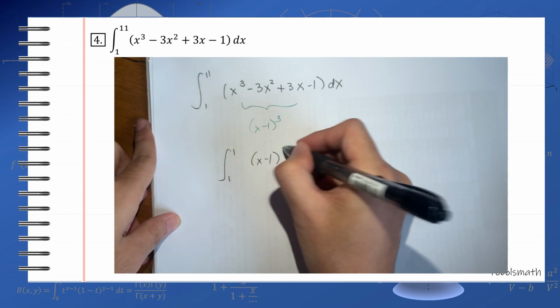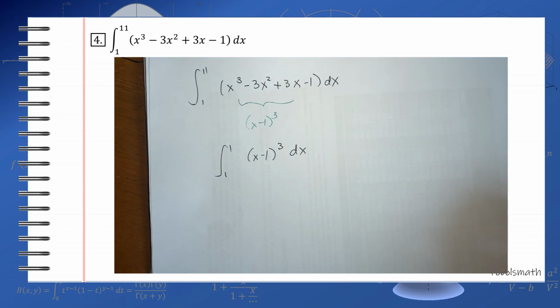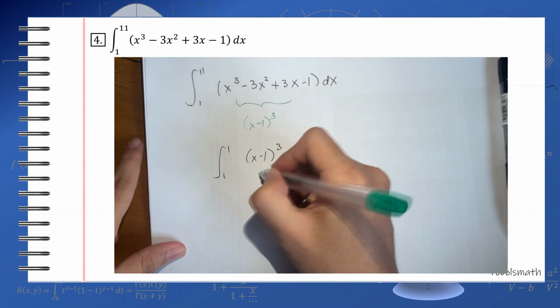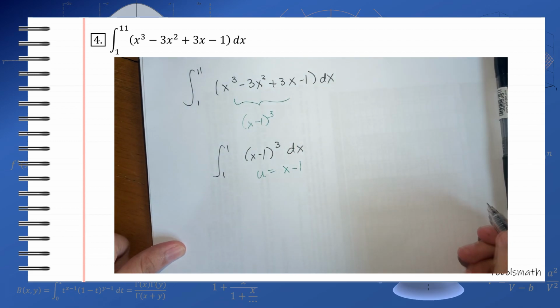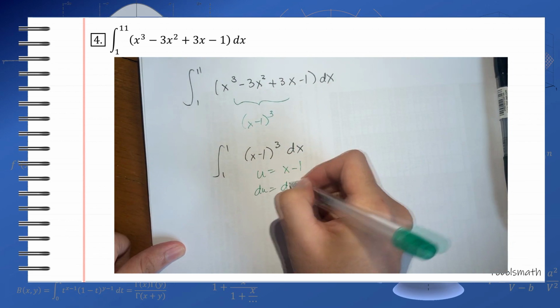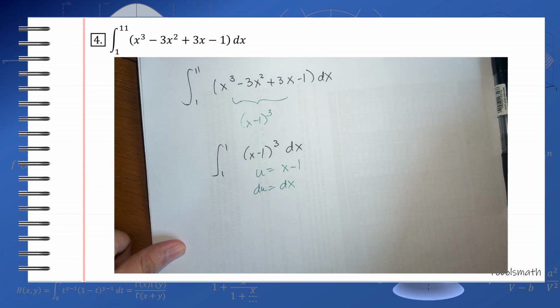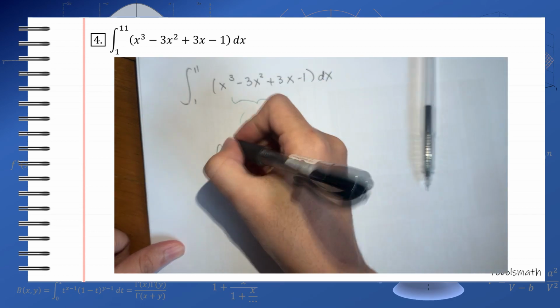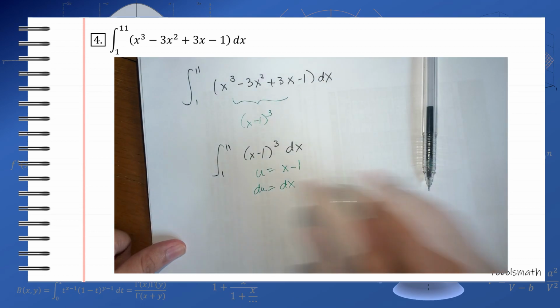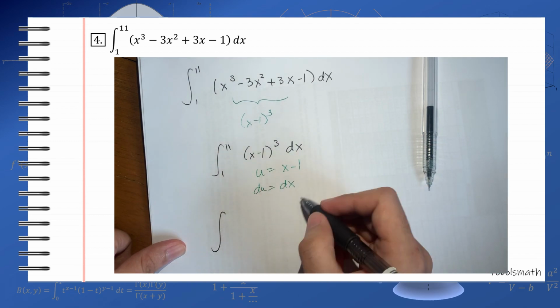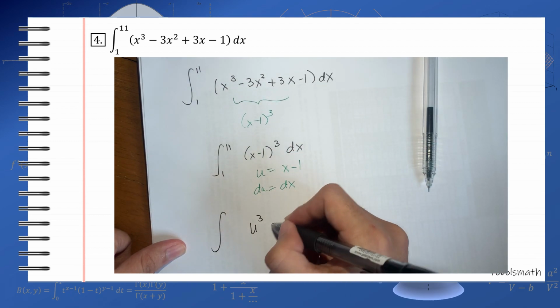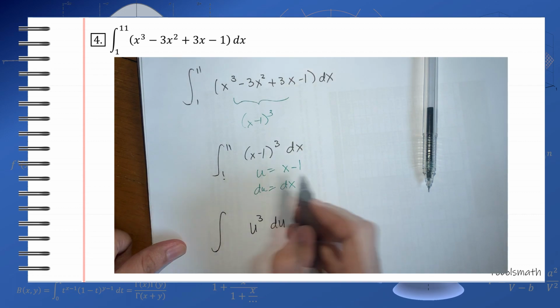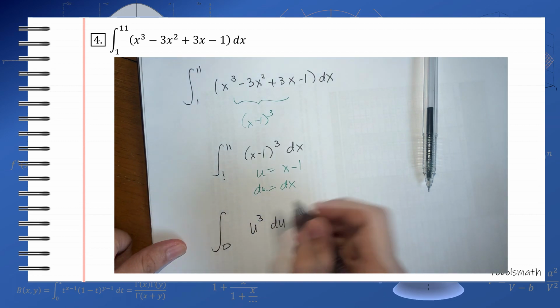So that is x minus 1 cubed. If we use a substitution, u is equal to x minus 1, we have du is equal to dx. So this should be 1 to 11, and so this one becomes u cubed du. At x equals 1, u equals 1 minus 1, so 0.